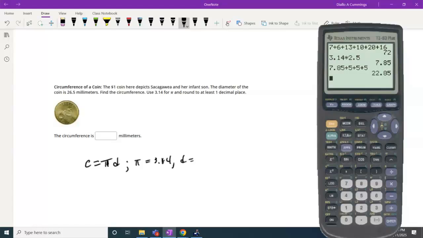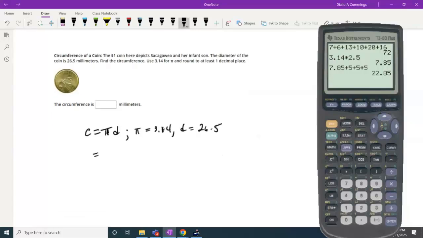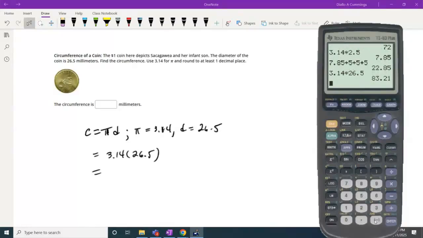I'm going to substitute the diameter for 26.5. So this is 3.14 times 26.5. And we have a circumference of 83.21 millimeters.